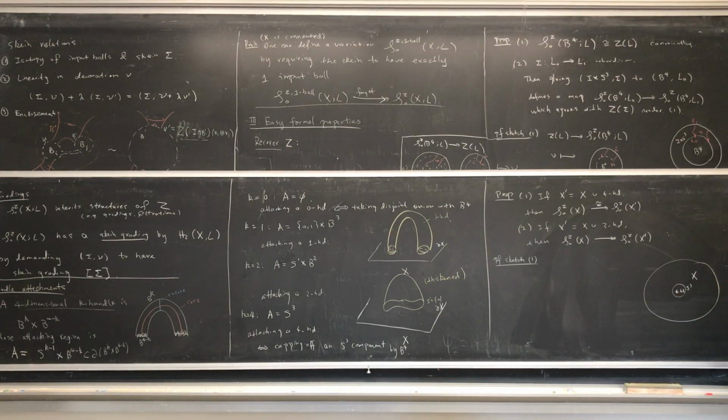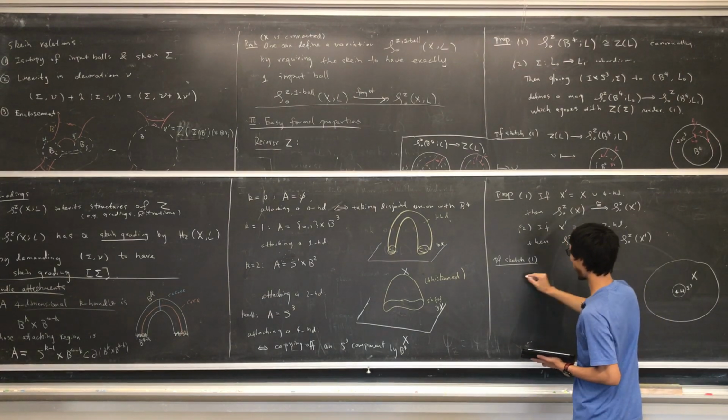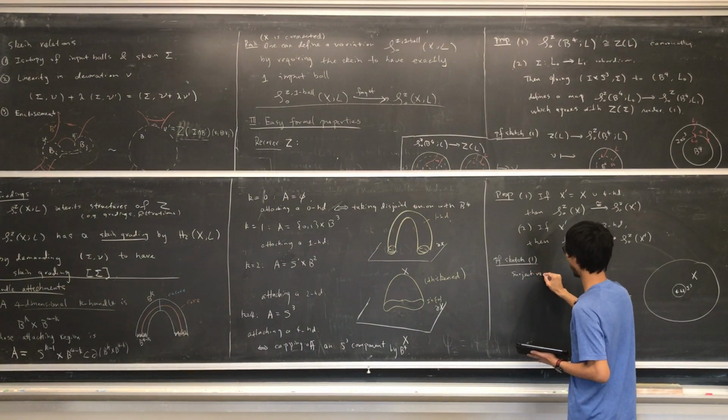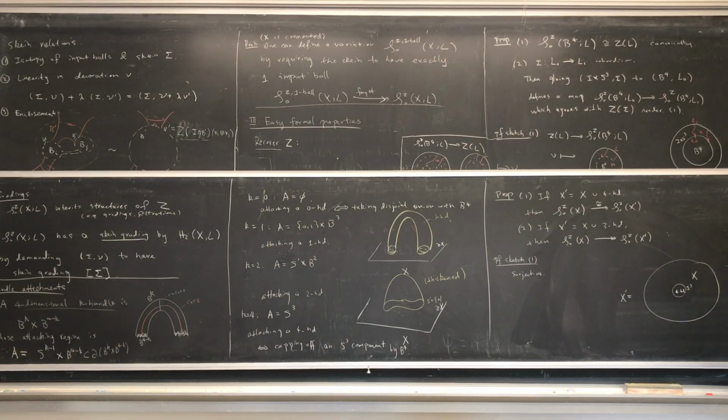The outside of my 4-handle is X, and the whole thing is X'. How do we prove this induced map is a surjection? I need to show every lasagna filling in X' comes from a lasagna filling in X.